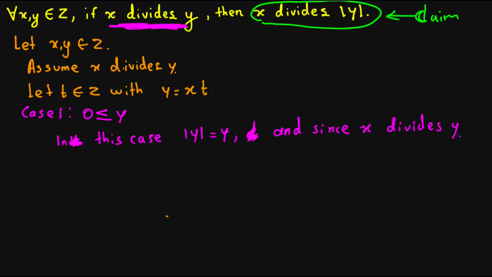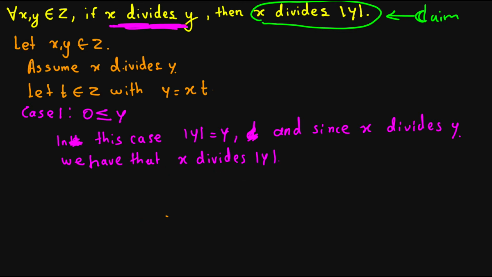Since it's mentioned that x divides y, we have that x divides absolute value of y, because we saw that absolute value of y is equal to y. So if x divides y, then x divides absolute value of y.